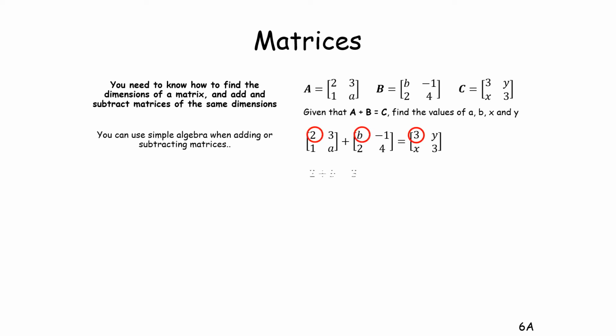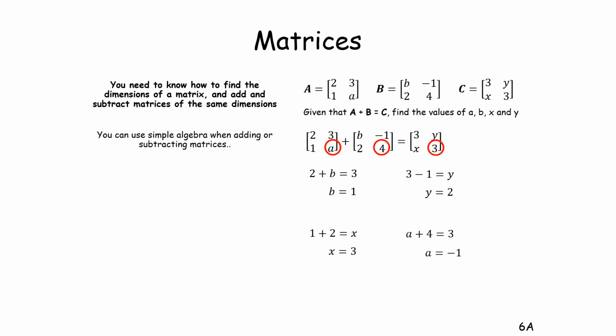You simply equate the first one, so 2 plus B equals 3, so B must be 1. 3 minus 1 equals Y, so Y equals 2. 1 plus 2 equals X, so X equals 3. A plus 4 equals 3, so A equals -1.